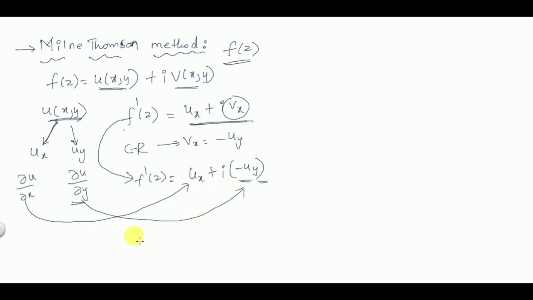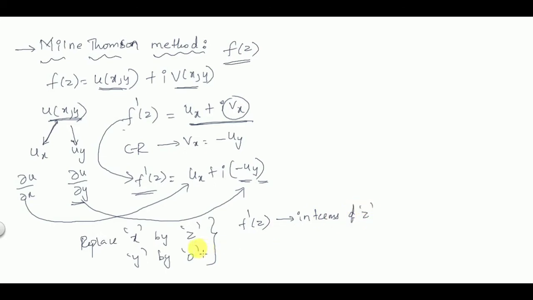After obtaining this, just replace x by z and y by 0 in this f dash of z. Then you will get f dash of z in terms of z only.